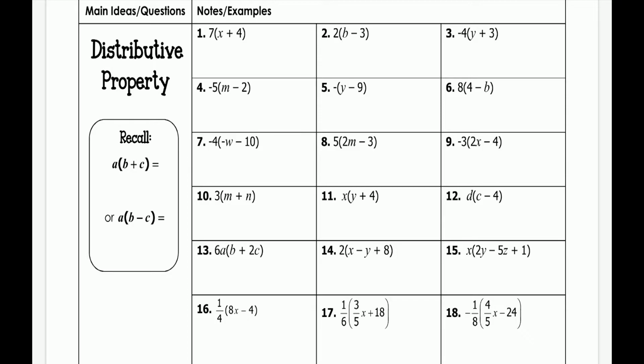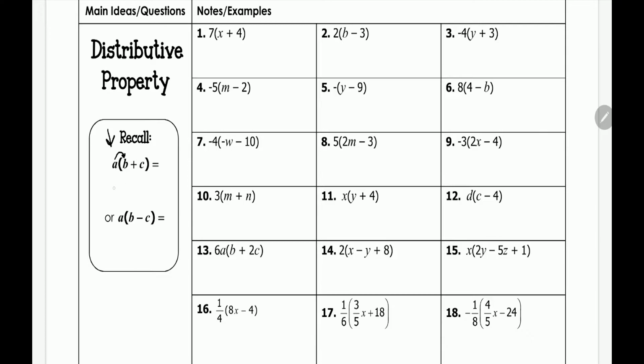So the distributive property is really, I think, easy to understand. It's simply multiplication. If we look down here, we have A times the quantity B plus C. And whenever I say the quantity of B plus C, I mean that B plus C is in parentheses. So we're going to distribute this A. By distribute, I mean the A is going to be multiplied by everything that's inside.